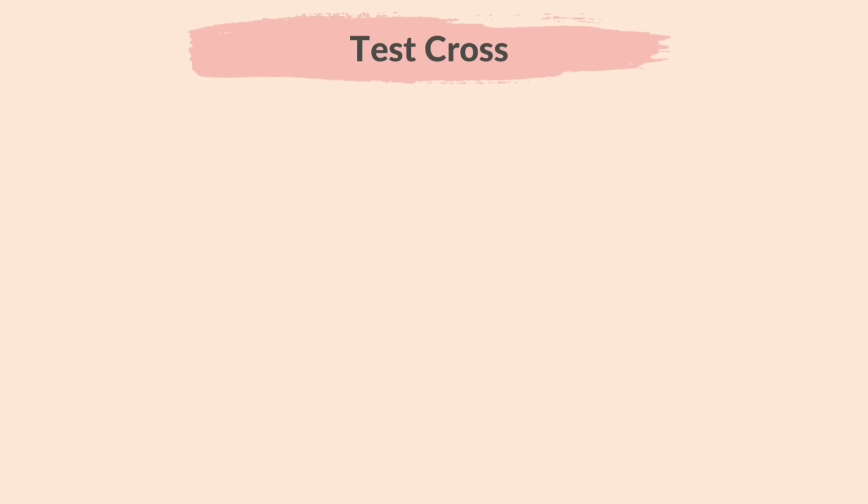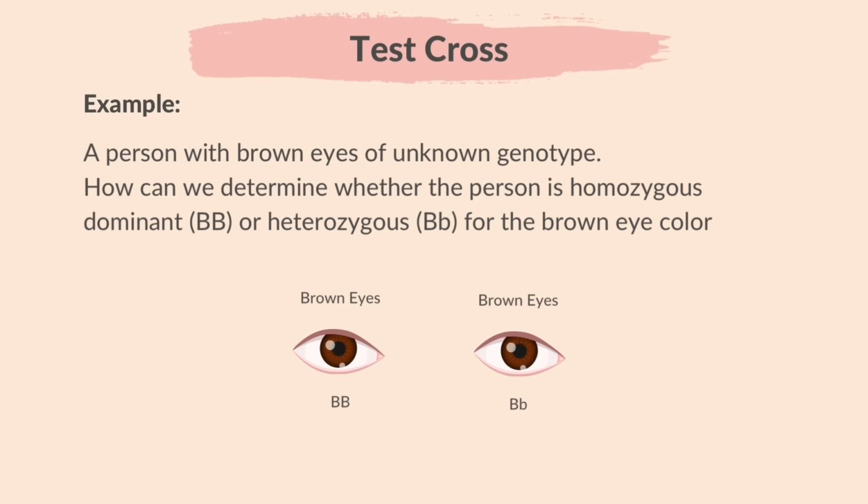Now let's learn how to use a test cross to identify an unknown genotype. So for example, let's say we are studying a person with brown eyes of unknown genotype. How can we determine whether the person is homozygous dominant, that is capital B capital B, or heterozygous, that is capital B, small b, for the brown eye color trait?